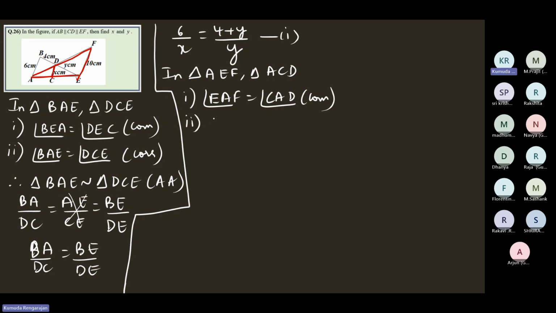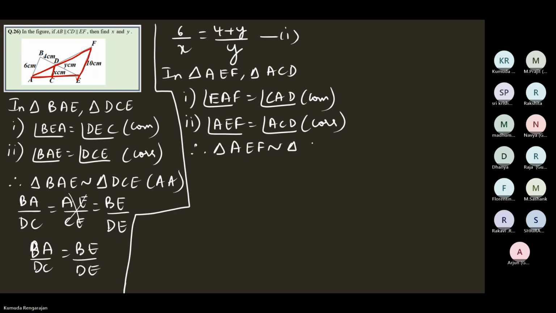And then the corresponding angles, angle AEF in the big triangle is equal to angle ACD of the small triangle. So therefore, triangle AEF, the big one, is similar to triangle ACD, the small one, by AA.